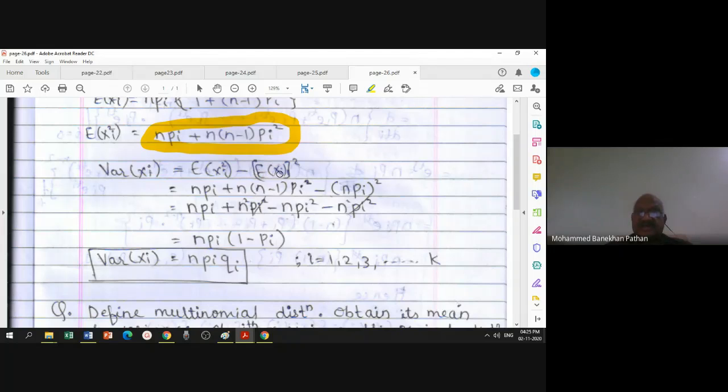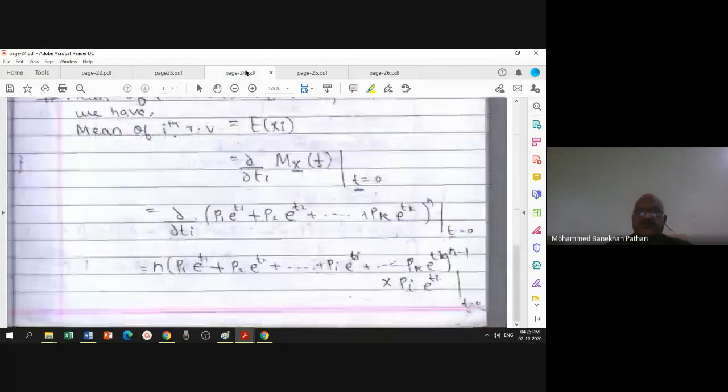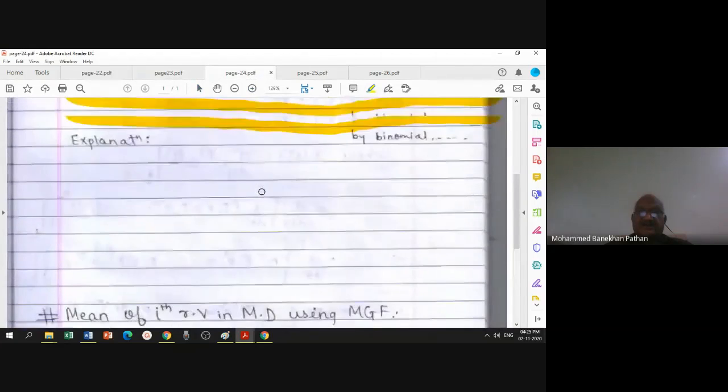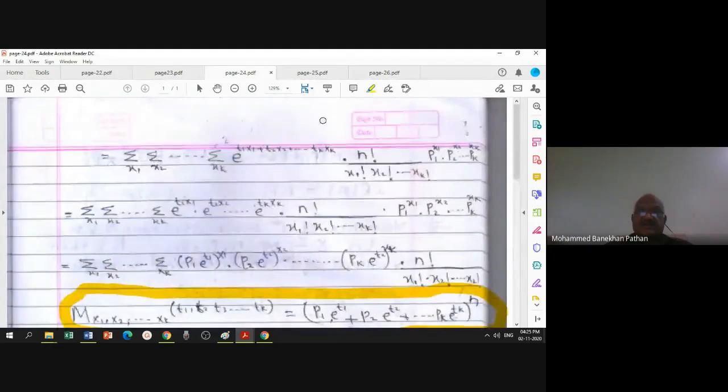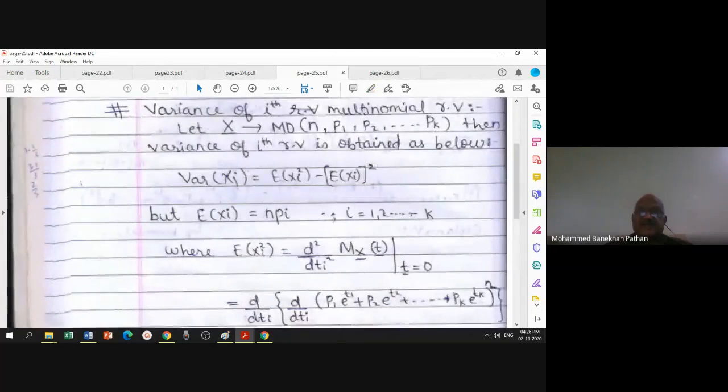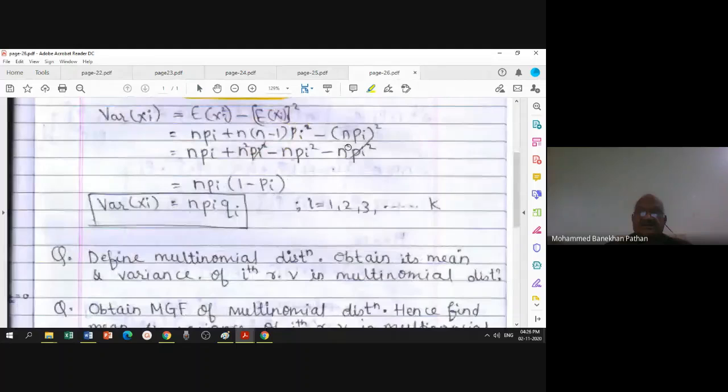E of xi you got before as n pi. So put it here and make a square. So it is n square pi square, n multiplied by n square pi square, n multiplied by minus 1 pi square. This is plus and this is minus, they get cancelled.